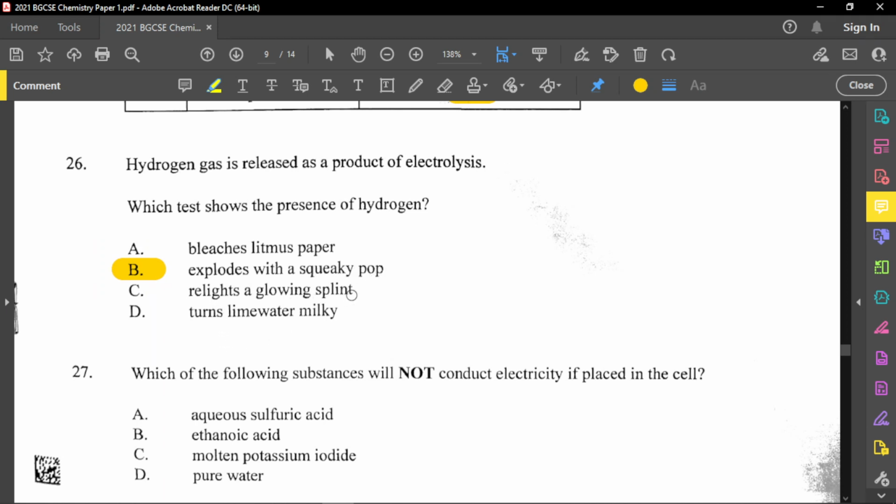Relighting a glowing splint, that is actually oxygen that does that. A is actually the test for chlorine. Turning limewater milky is carbon dioxide. So chlorine is for A, oxygen is for C, and carbon dioxide is for D. All right, so just note those tests. You need to know those tests.